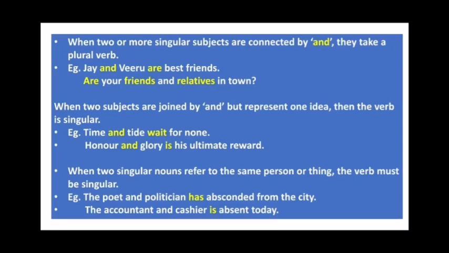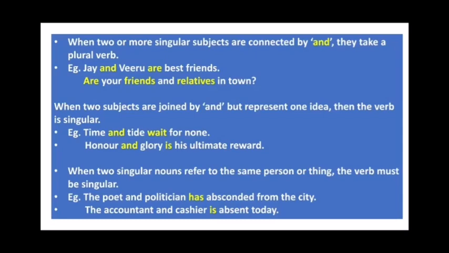So here we have a singular verb, that is wait. Next, honor and glory is his ultimate reward. So again we have and, that is joining honor and glory, and the singular verb is is.